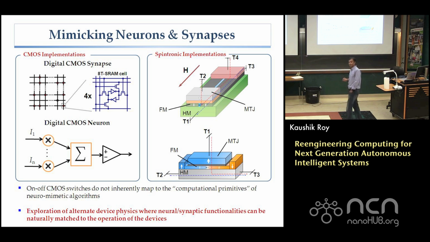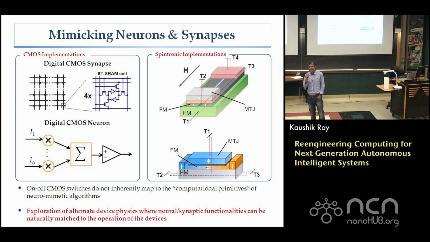Whereas if I'm able to come up with a different kind of device rather than a standard transistor-like device, and I'm not going to bore you with the kind of device that we're looking at, but it turns out that there are magnets or magnetic devices that one can look at, as an example, and a magnet can really represent the neuron and the synaptic functionality in some interesting ways using a single device.